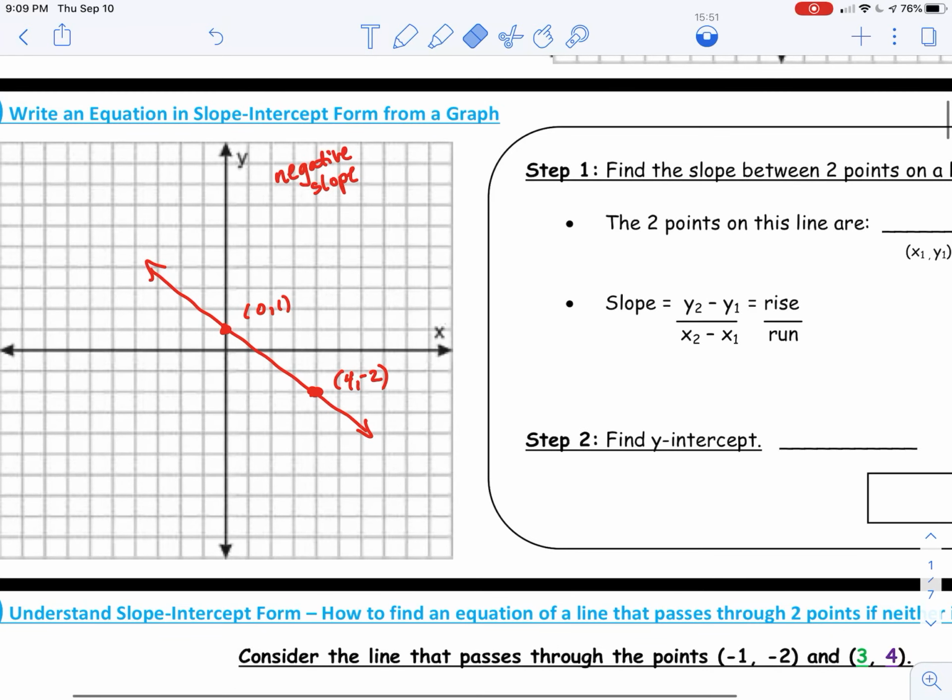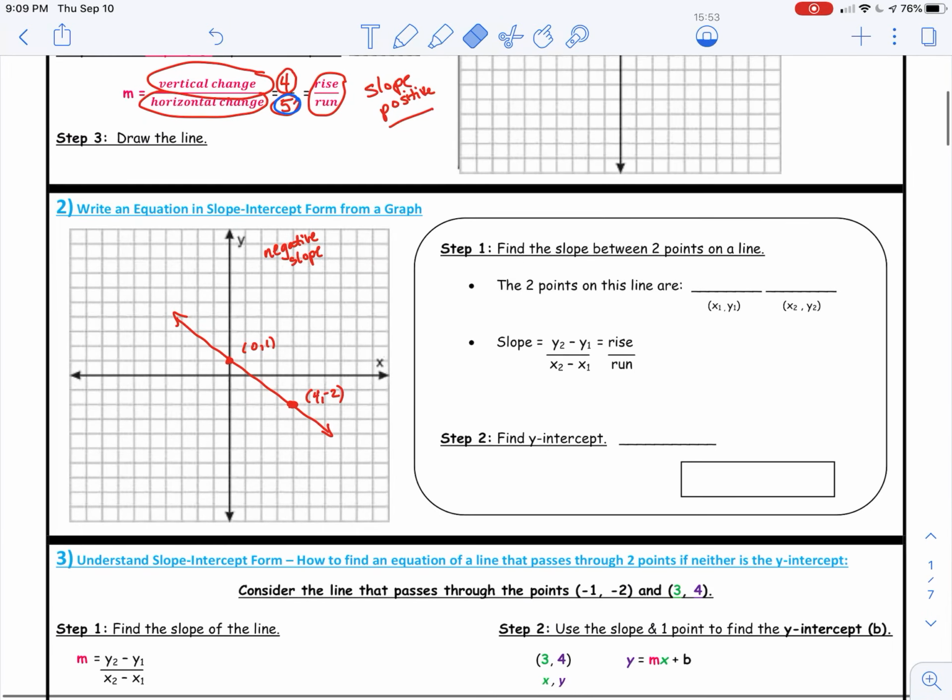Okay, so I do see that we have our y-intercept, but let's go ahead in step 1 off to the right here. We're going to find the slope between 2 points on this line. We're going to write down what those 2 points are. The first one is 0, 1.